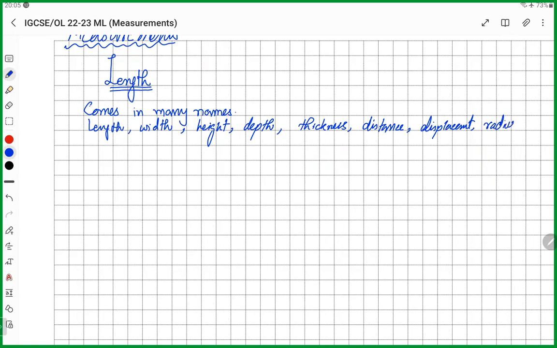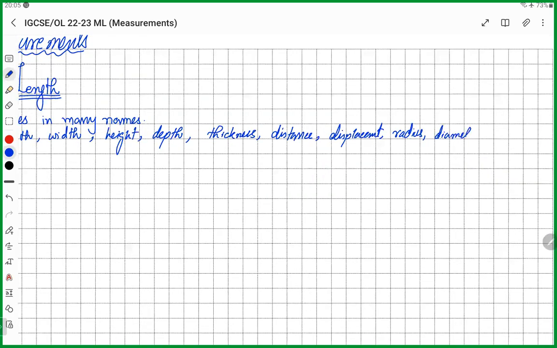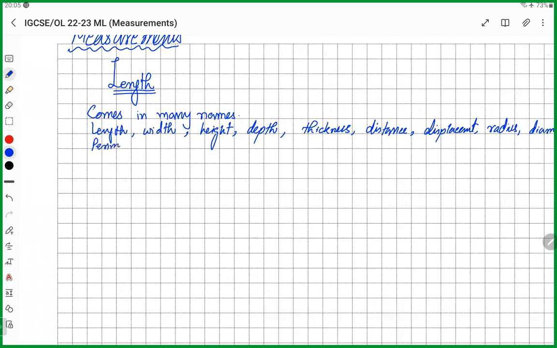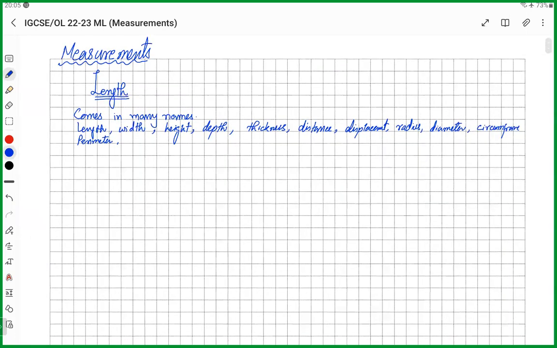Radius, diameter, circumference, perimeter, and many more. These are the ones that are on the top of my head. So all these are lengths, etc.